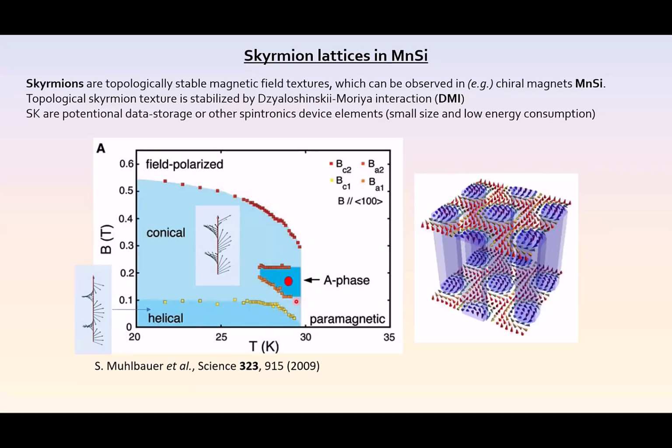But when you reach this area, the so-called A phase, they make such a texture which is stabilized by the so-called Dzyaloshinskii-Moriya interaction. So they are potentially interesting to be used as data storage or other spintronic device elements.